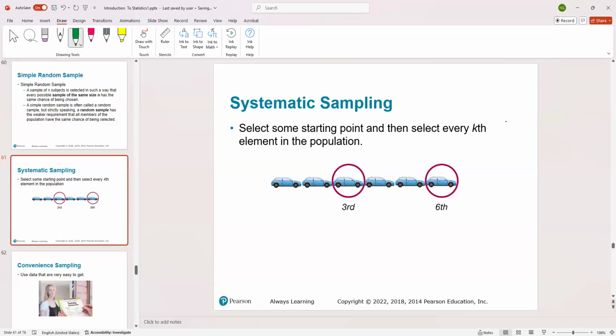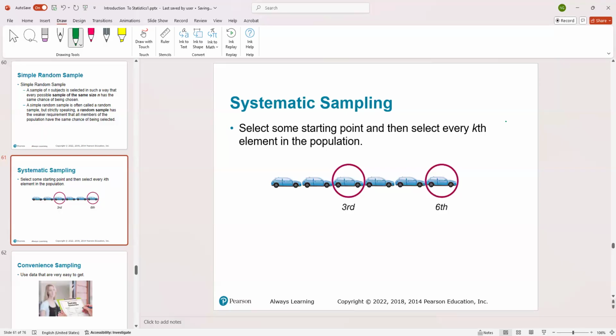A systematic sample is a sample in which each member of the population is assigned a number. The members of the population are ordered in some way, and a starting number is randomly selected. Then sample members are selected at regular intervals from the starting point.